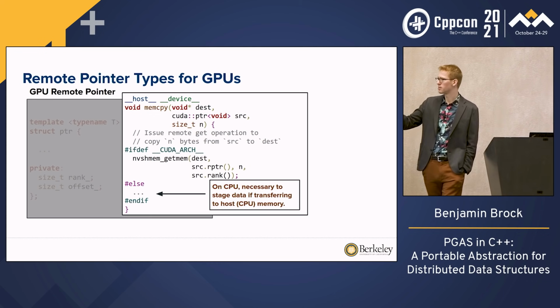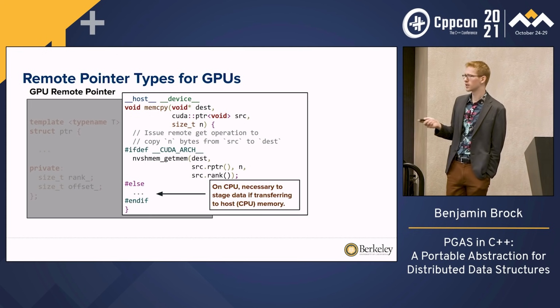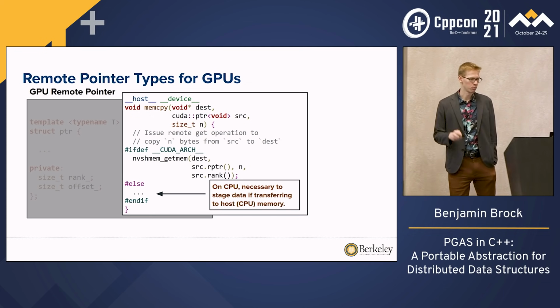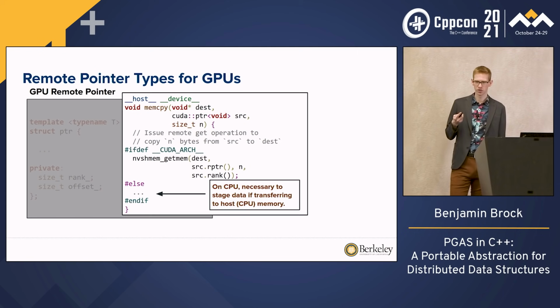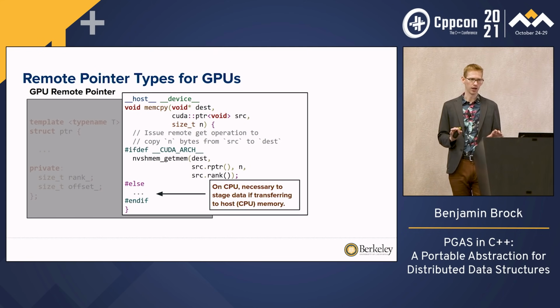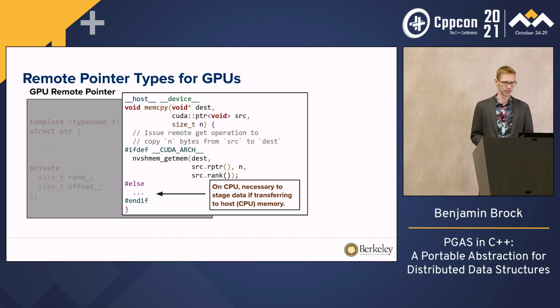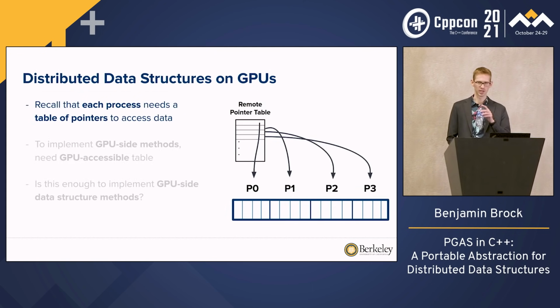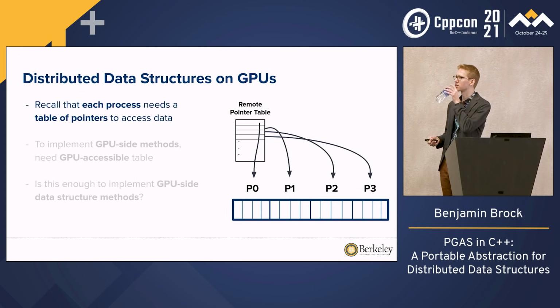So there's a little bit of orchestration necessary on the CPU side, but accessing the pointers on the CPU side is mostly a convenience thing from the standpoint of individual element access.